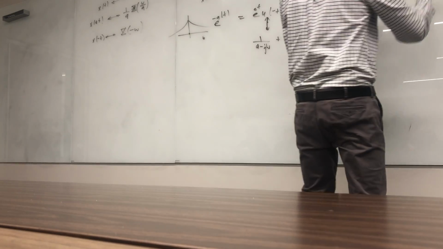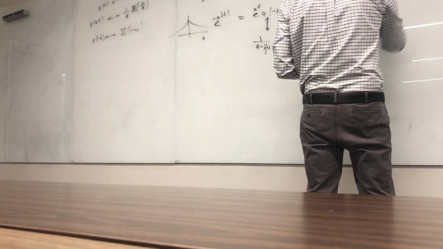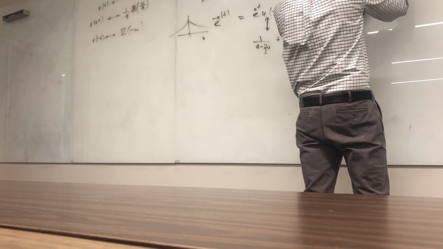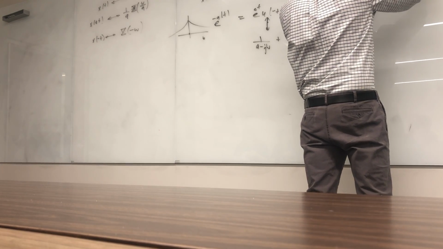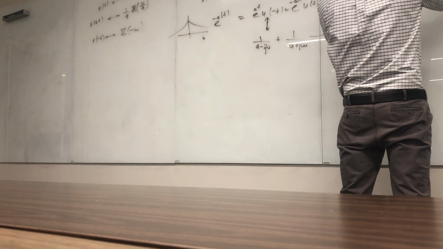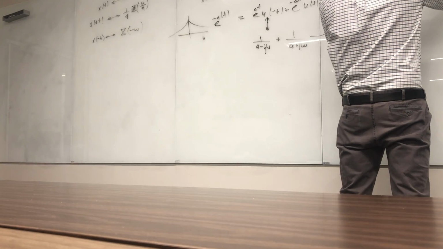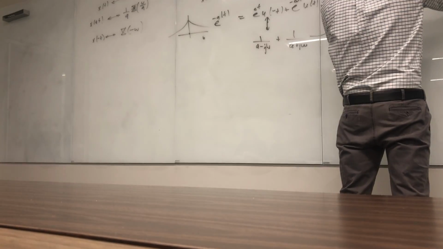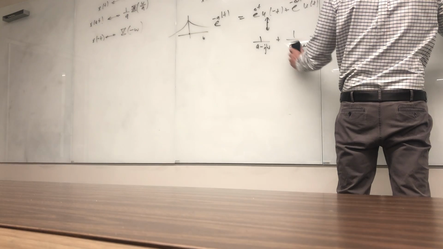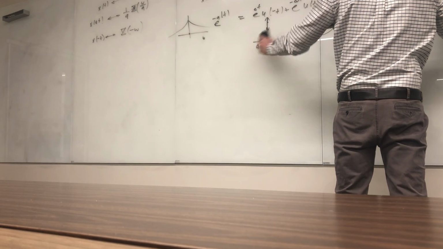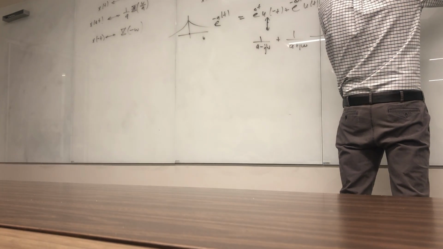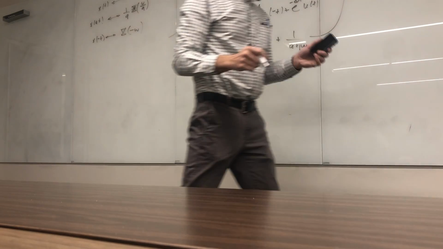If I get a common denominator here, my x of omega becomes equal to, really, a squared plus omega squared in the denominator, and then I get a plus j omega plus a minus j omega, or 2a in the numerator. You all see that?